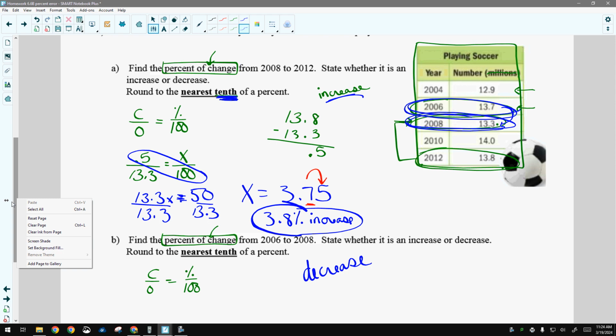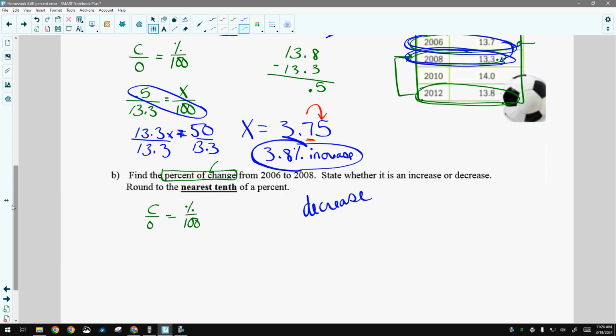3.7 minus 3.3, if you type that in, is 0.4. The original was the one that came first, so that's 2006. So this is 13.7 equals x over 100. And when we cross multiply, we have 13.7x equals 0.4 times 100 is 40. Divide both sides by 13.7.